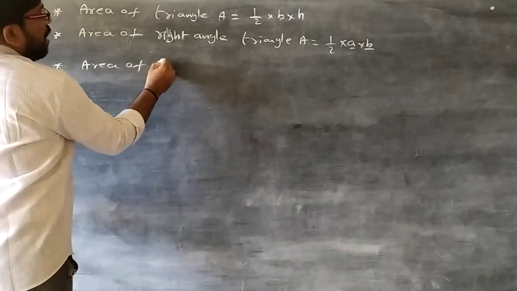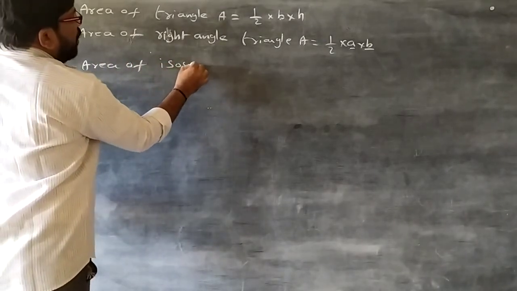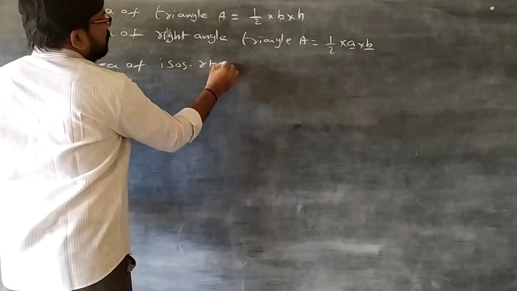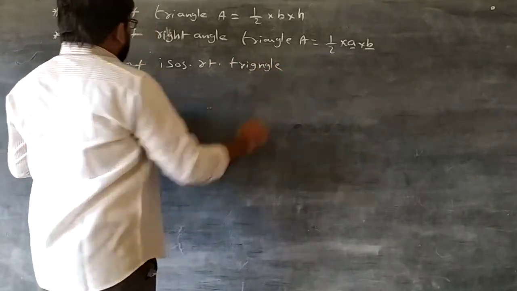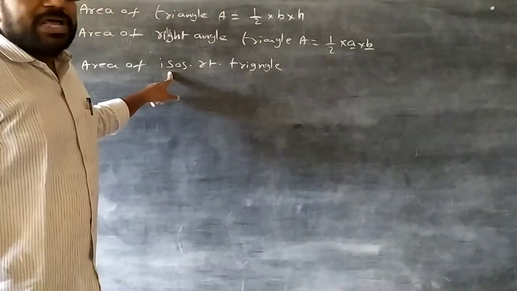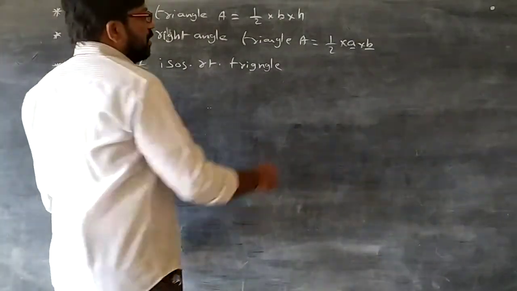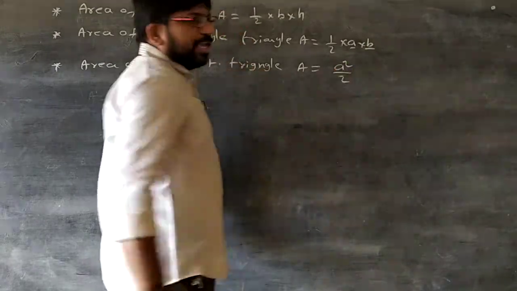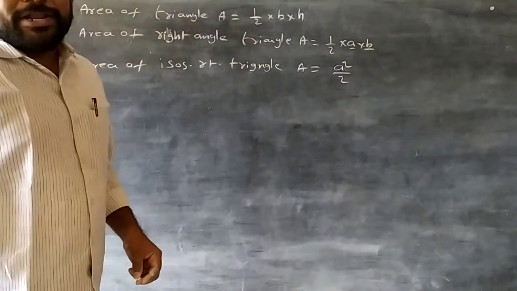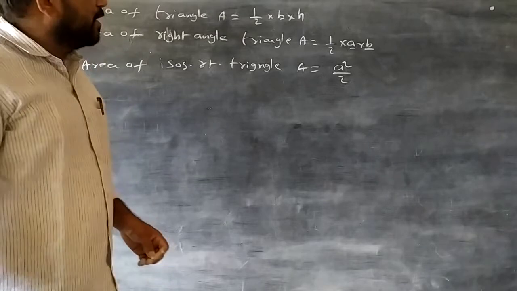Area of isosceles right angle triangle: A is equal to A square by 2, where A is the equal side, the perpendicular equal side, right?